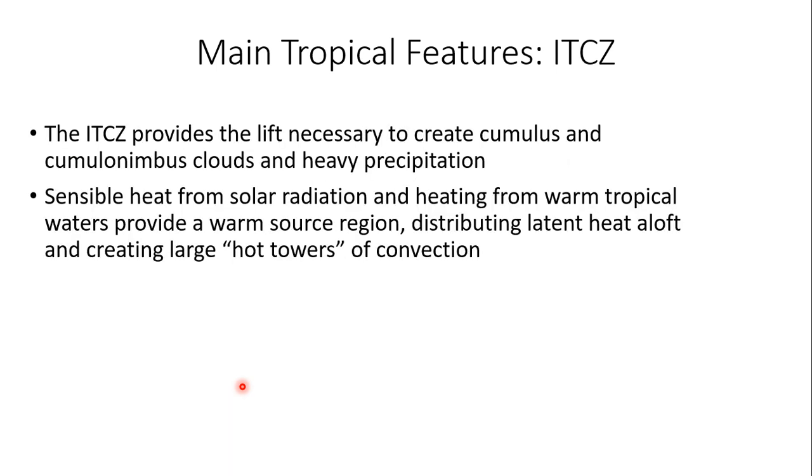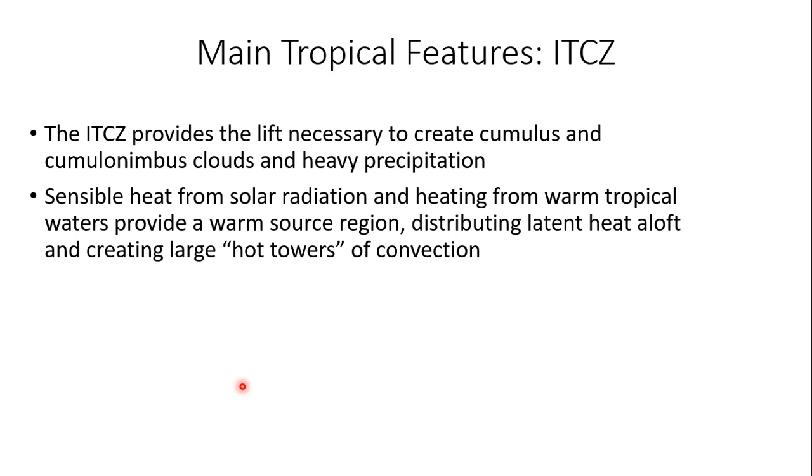Now the ITCZ is important in that it provides the lift mechanism that's necessary to create these cumulus clouds and these tall thunderstorm cumulonimbus clouds and heavy showery precipitation. In fact, some areas of the world rely exclusively on the ITCZ at certain times of the year for giving their location the rain they need.